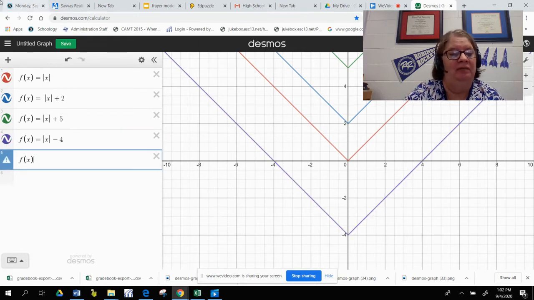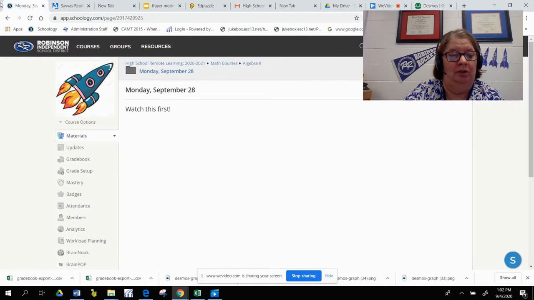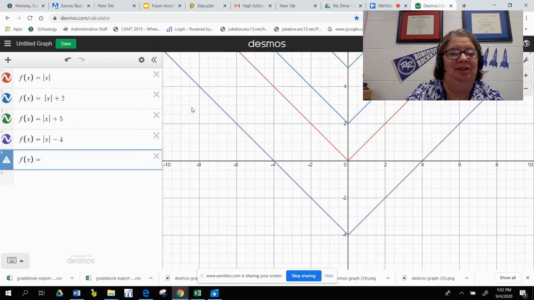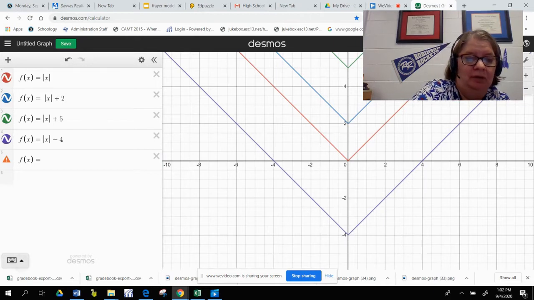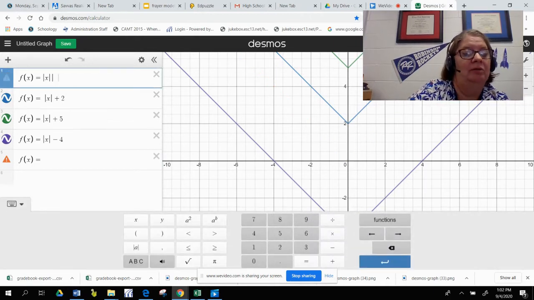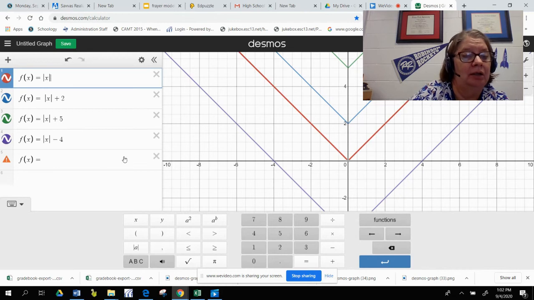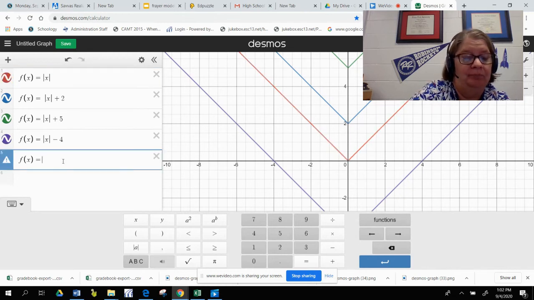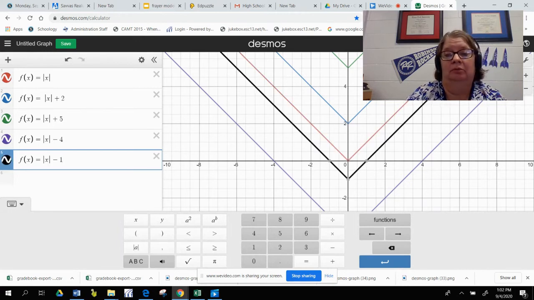Let's look again. f of x equals, uh-oh, mine likes to jump tabs sometimes, just for the heck of it. Absolute value, I'm in the wrong spot. There we go. Absolute value of x minus 1. Compare that one, it's kind of a dark blue or a black there, to the red one. What happened? When we subtracted 1, it moved down.